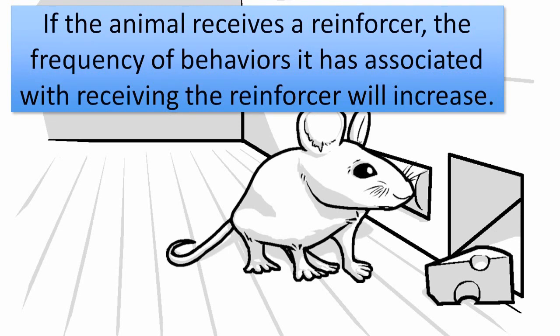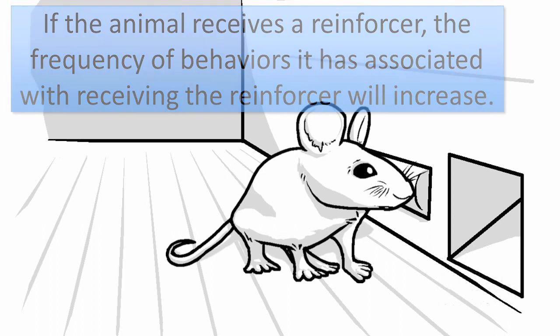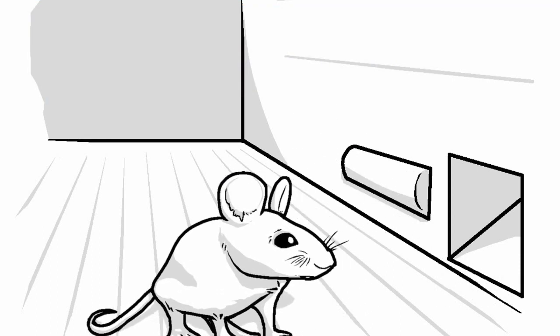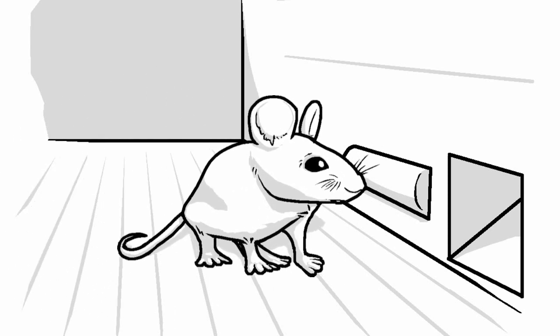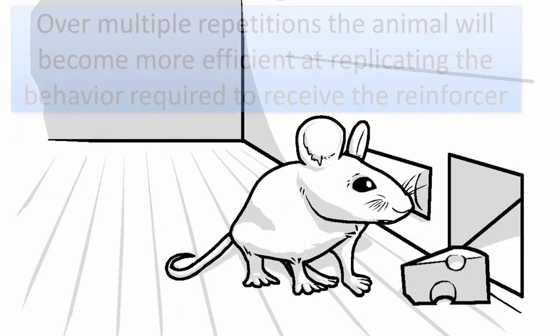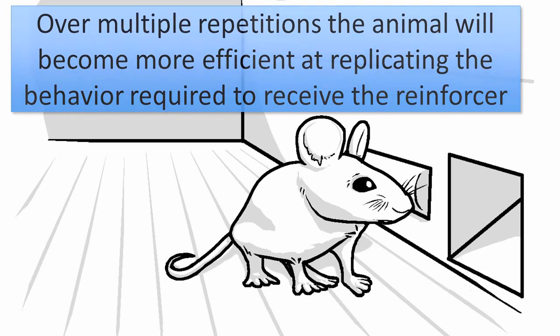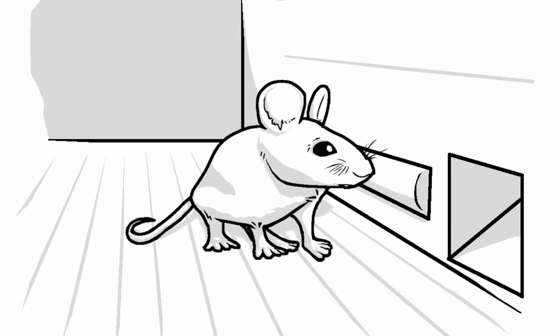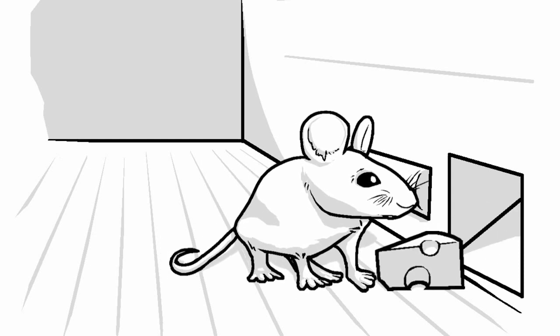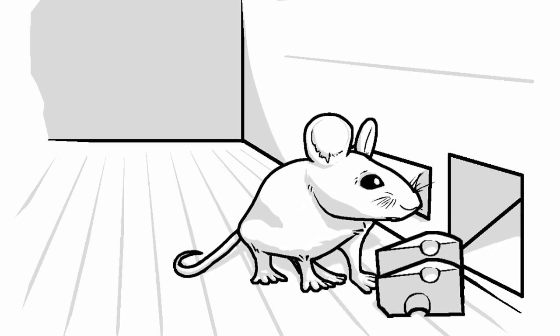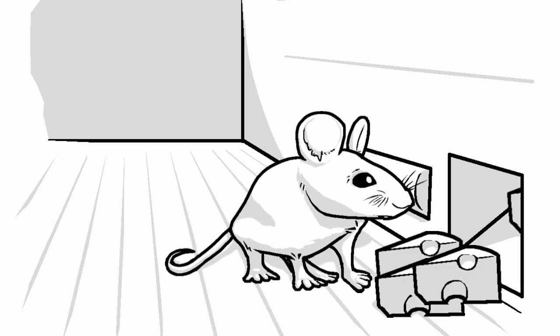When the rat gets that reinforcement for pressing the button, that's going to increase the likelihood it's going to press that button again. It's going to keep running around the cage, and every time it hits that button, every time it gets that reward, it's going to become faster and more efficient at performing that task. That'll get to a point very quickly where the rat can just basically mash the button like crazy and get all the reinforcement that it wants.